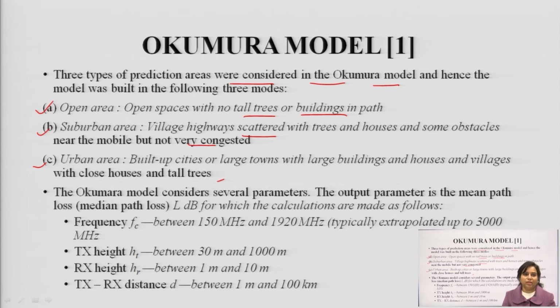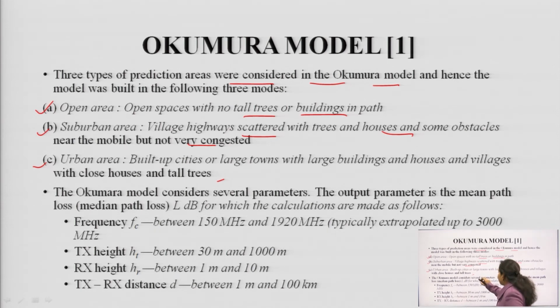So, there will be a very large number of hops between the transmitter and receiver. In suburban areas, it is not very congested as compared to the urban areas. And open area is the field region, rice fields, farming lands, where the population is very small.